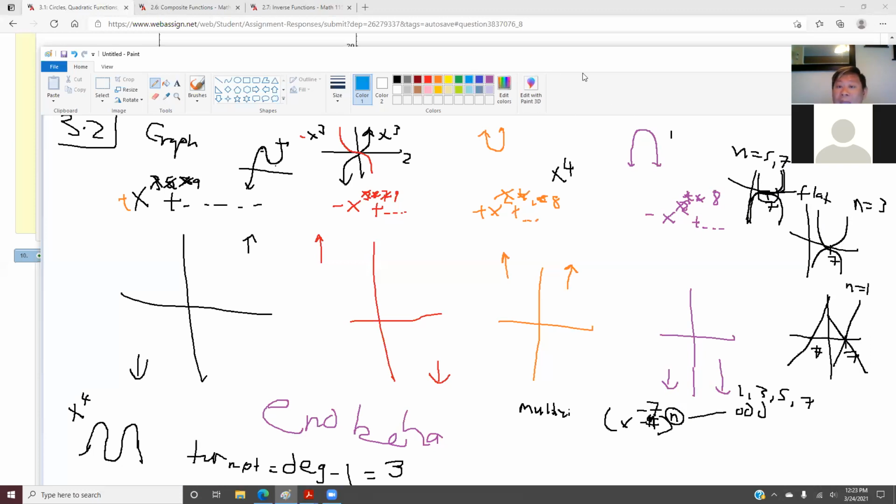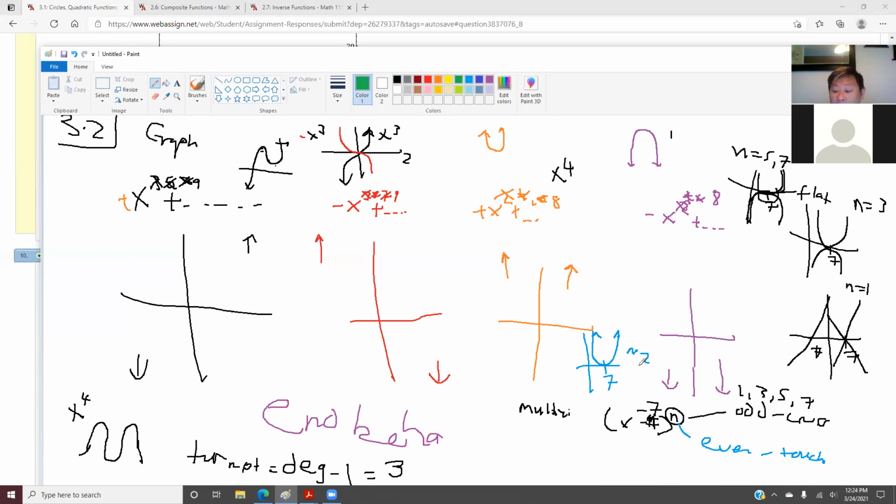What happens when n is even? This one is a cross, like you cross straight away. When you have even, it will touch. At 7, if it's even, it will be touching it when n is 2.